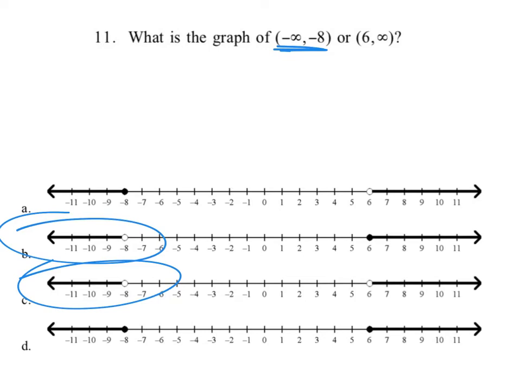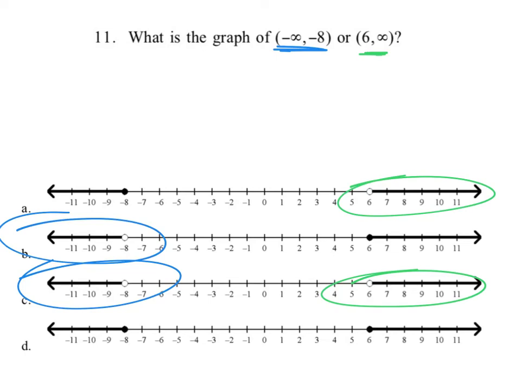And what about this one? This part says 6 is the endpoint, and we're going to go above that all the way to infinity. But do we include 6? Well, it's got a parentheses, which means you do not include it. So which one has that? That's this one right here, and this one right here. Okay, going from 6, but not including it, all the way up to infinity.